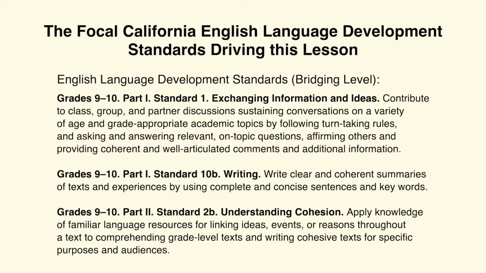And grades 9 and 10, Part 2, Standard 2B, Understanding Cohesion, where students apply knowledge of familiar language resources for linking ideas, events, or reasons throughout a text to comprehending grade-level texts and writing cohesive texts for specific purposes and audiences. Watch how students move from early levels of proficiency toward the bridging levels of these English language development standards throughout the lesson.